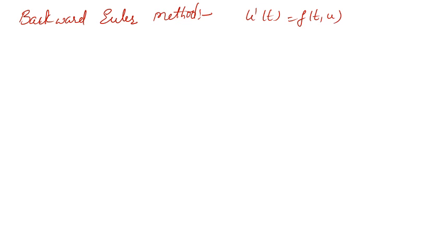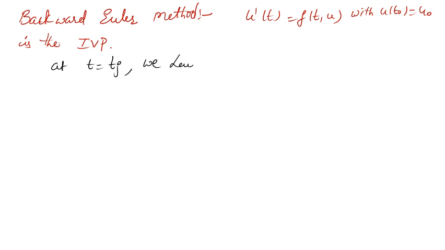Now, another Euler's formula, the backward Euler method. What is our differential equation? u dash equal to f of t, u with the condition u of t naught equal to u naught, the initial value problem. Then at t equal to tj, we have u dash of tj equal to f of tj, uj.